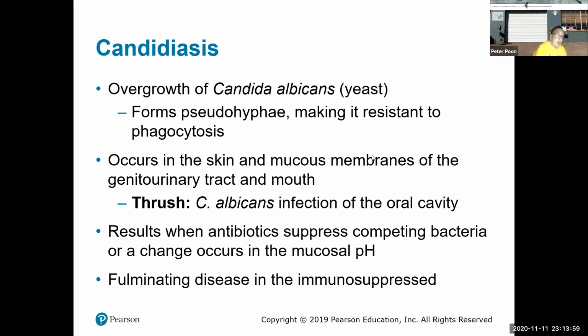The mucosal pH is usually 4 or 5, but it goes up to about 7 during the time when sperm can enter and fertilize the egg, and therefore that change actually selects for Candida albicans to grow.